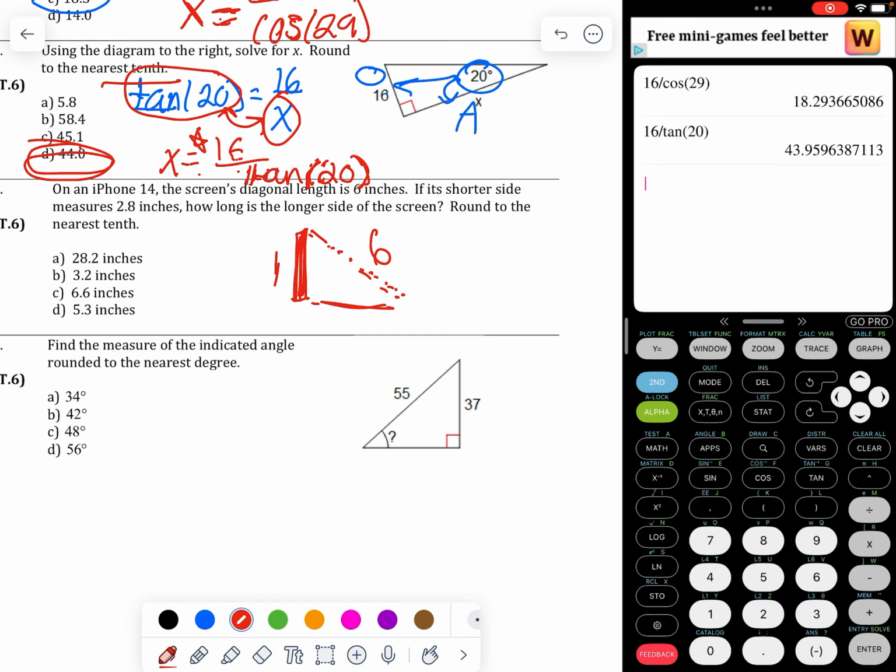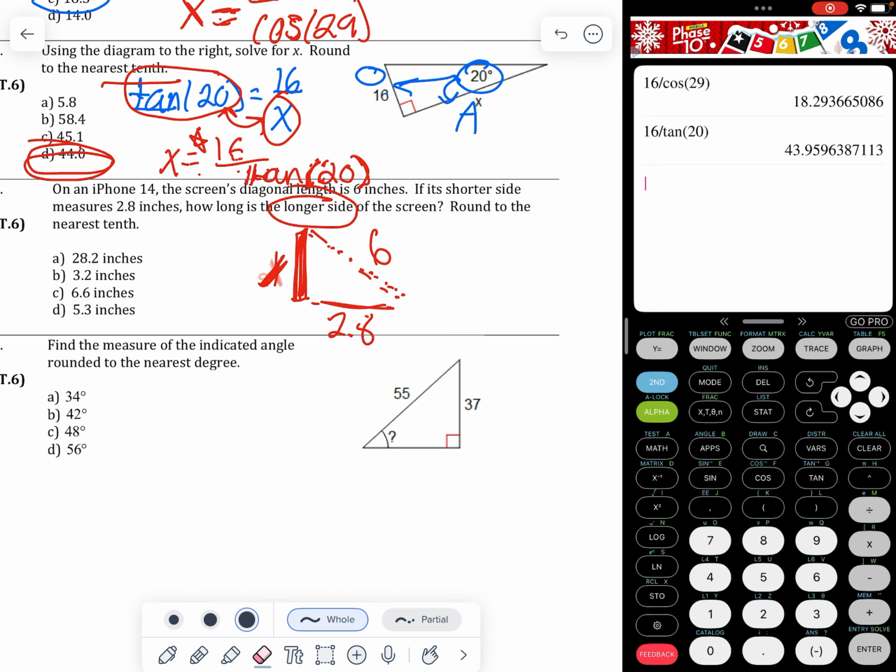Well, we have a short side. Again, it doesn't really matter which one you call it. We have a long side. They want us to know what that longest, we did it the wrong way. Sorry, I was speaking too soon. The short leg, 2.8. The long leg, we want to figure out.